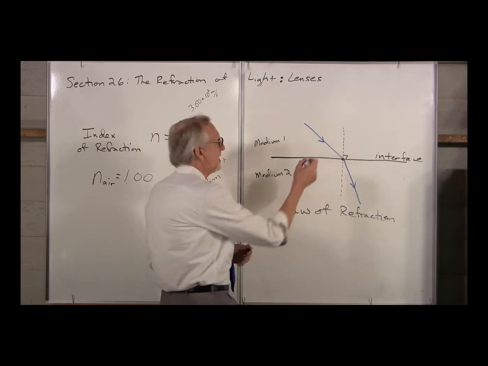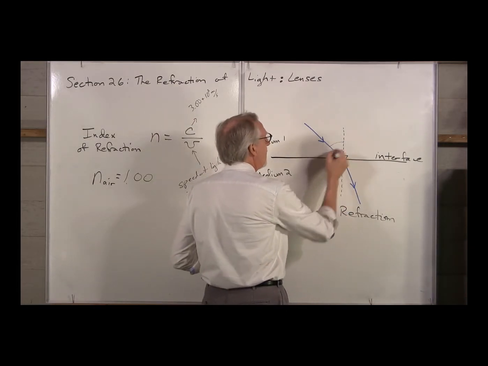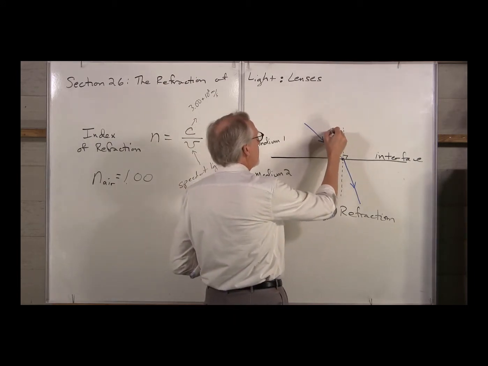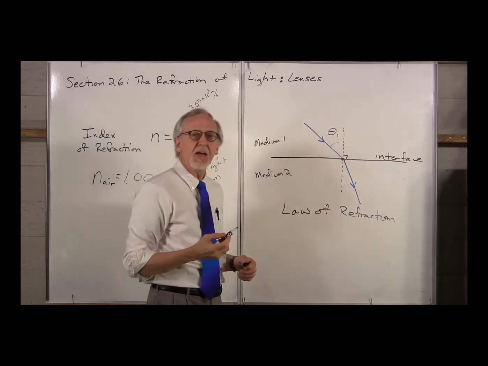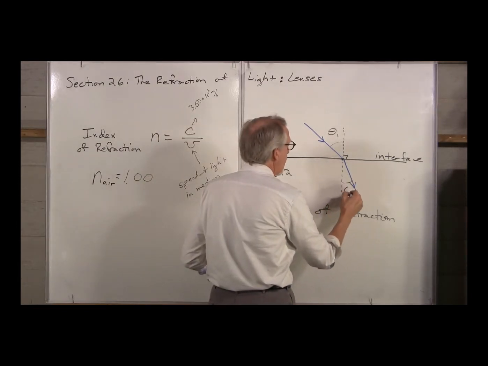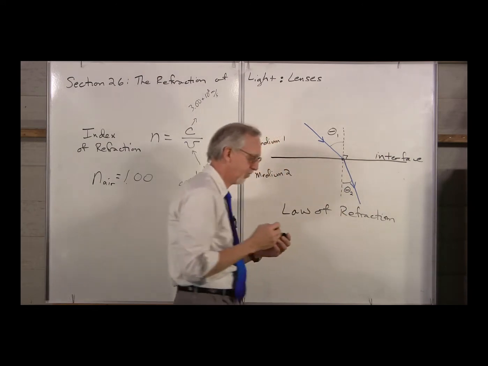I'll define these as the angle from the ray in medium 1 to the normal line. I'll call this theta sub 1. And the angle between the normal line and the refracted ray, I'll call this angle theta 2.